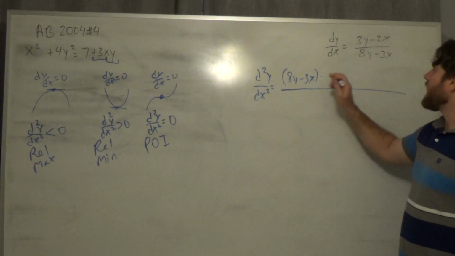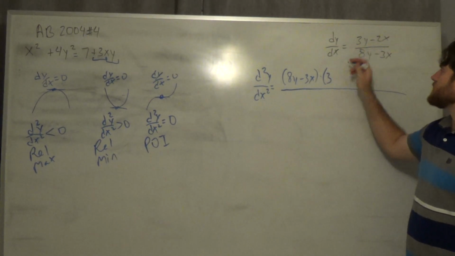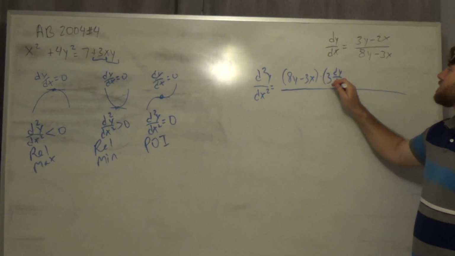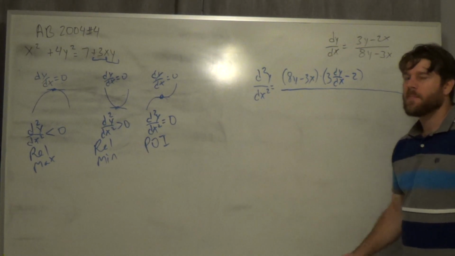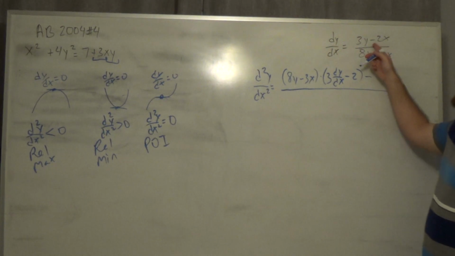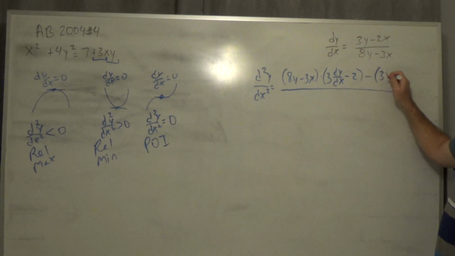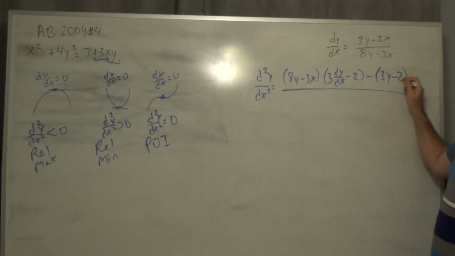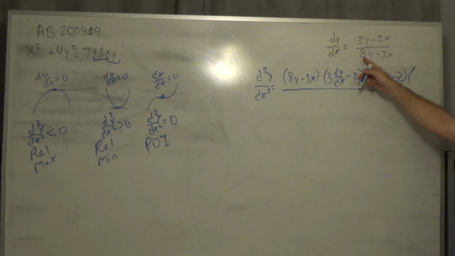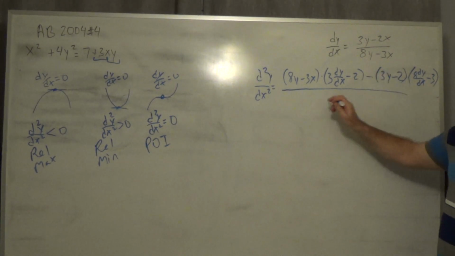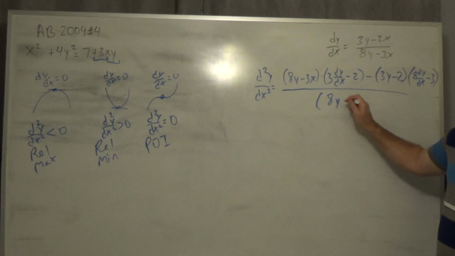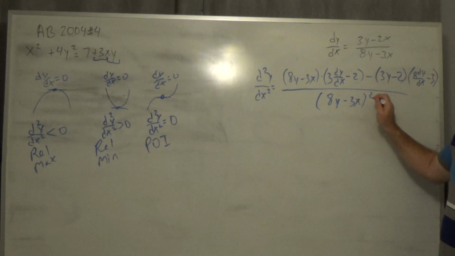The derivative of the high is 3, but we get the chain dy dx, minus 2. The derivative of the low is 8 dy dx minus 3. And then all over low. I'm off the screen, I'm so sorry.